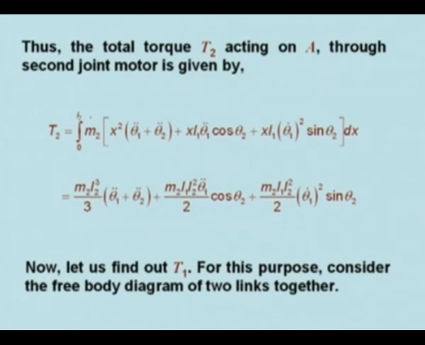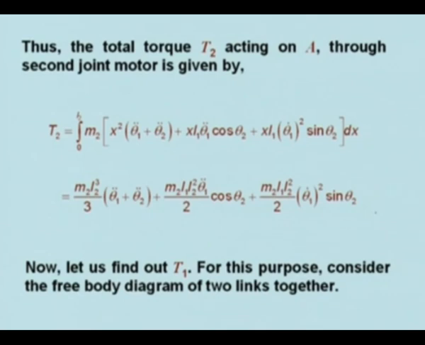Integrating, we get m2 L2 cube by 3 (theta 1 double dot plus theta 2 double dot) plus m2 L1 L2 square theta 1 double dot by 2 cos theta 2, and the third term is m2 L1 L2 square by 2 theta 1 dot whole square sin theta 2.